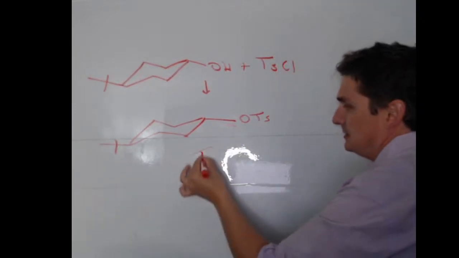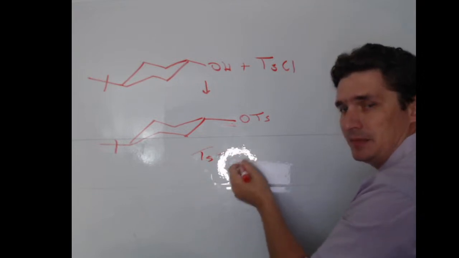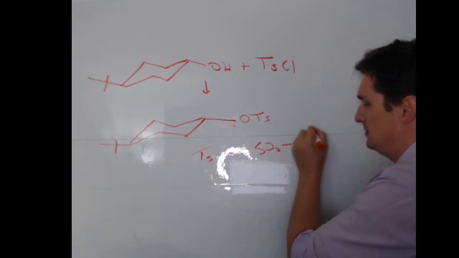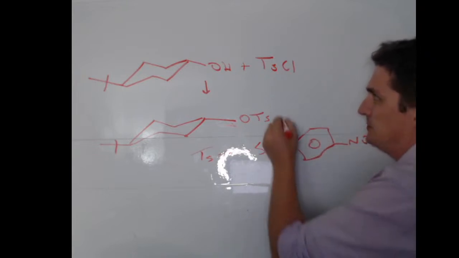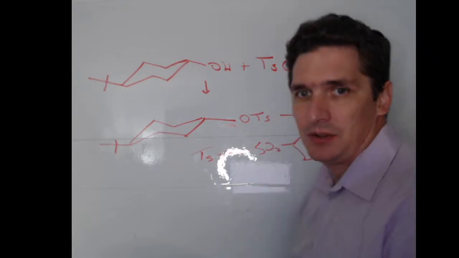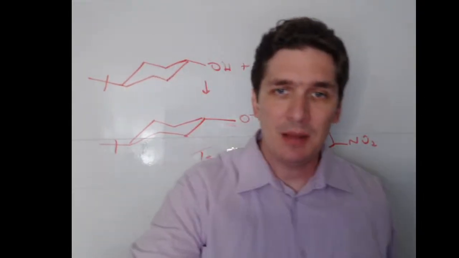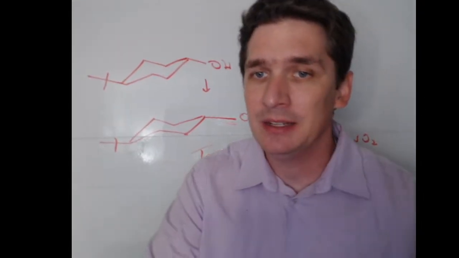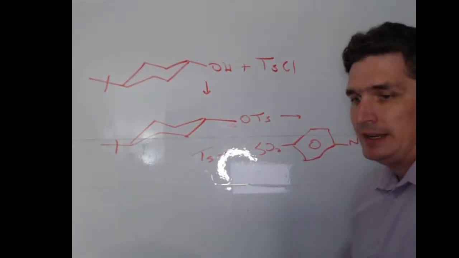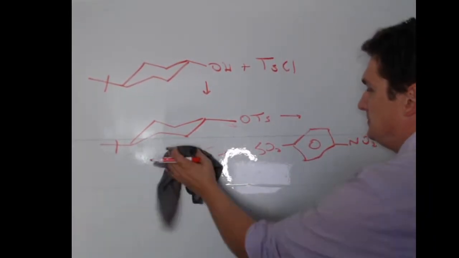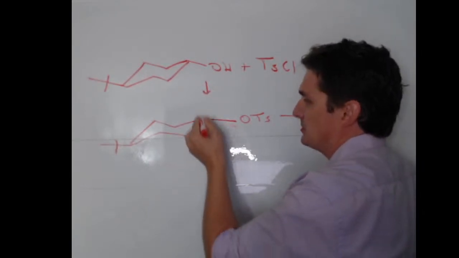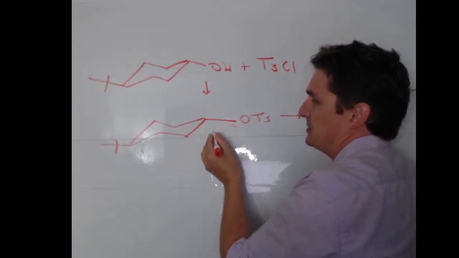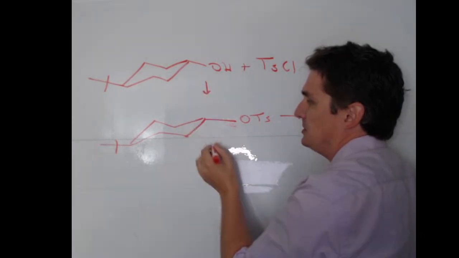So this Ts here is an SO2, benzene ring, and methyl. So the first product here is just the tosylate, then the lithium bromide. This is going to go through an Sn2 pathway. In order to get rid of the tosyl group, it's going to invert the stereochemistry.